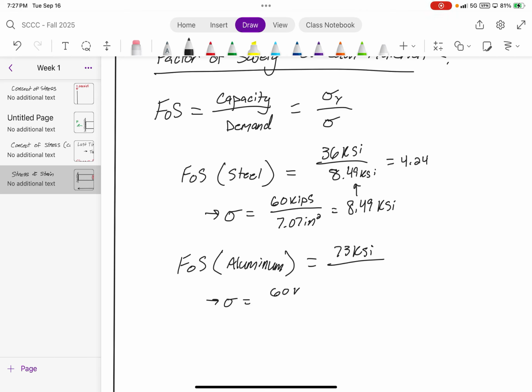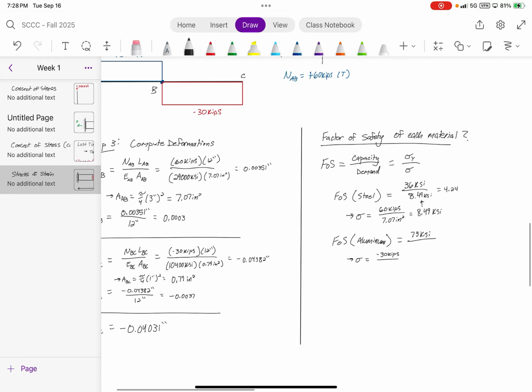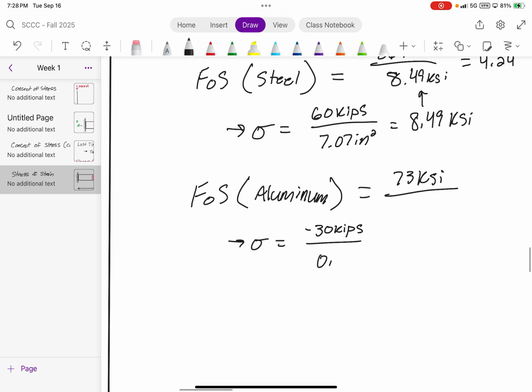So we've got negative 30 kips divided by an area of 0.79 inches squared. And what we get is negative 37.97, so I'm just going to round it up to negative 38 KSI.